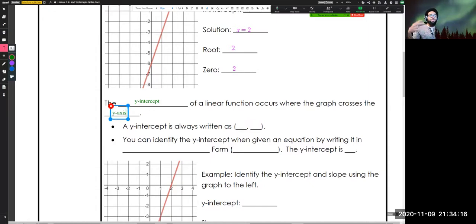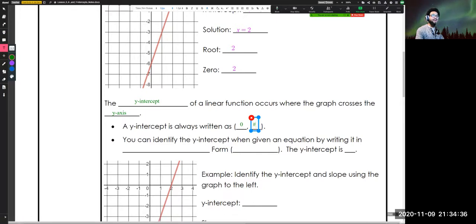The x-intercept occurs where the graph crosses the x-axis. The y-intercept occurs where our graph crosses our y-axis. So a y-intercept is always written as 0 and the number for that, whatever that number might be.